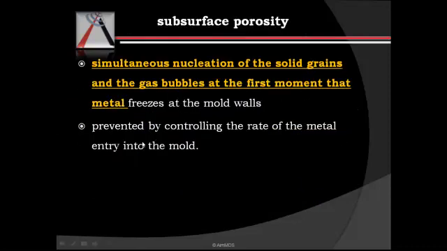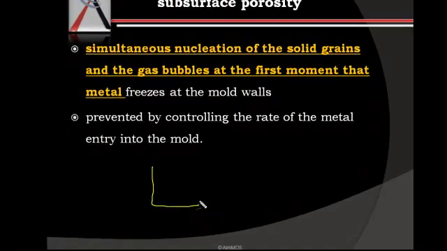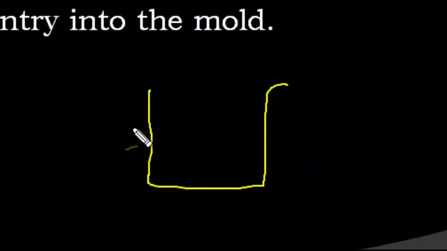Next we have subsurface porosities. Now as we have seen how the gas can be formed inside the molten metal and this gas then comes out of the molten metal. Imagine this is a metal inside a container and this metal is solidifying.